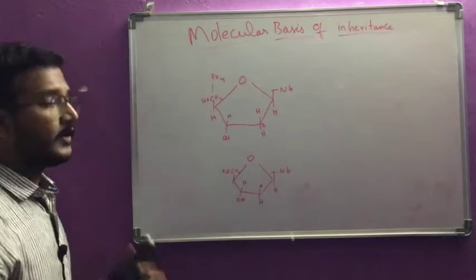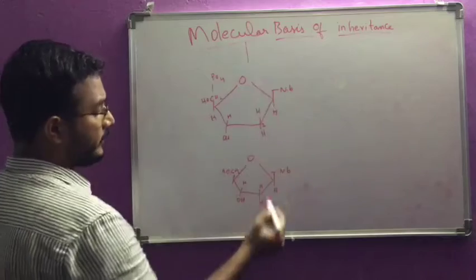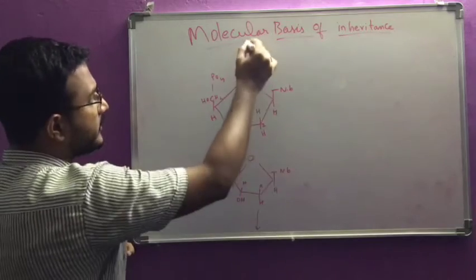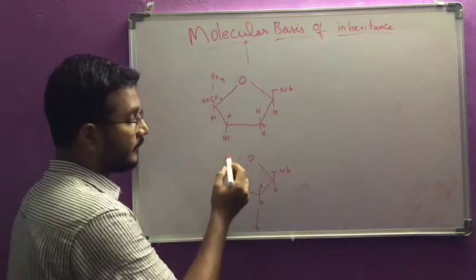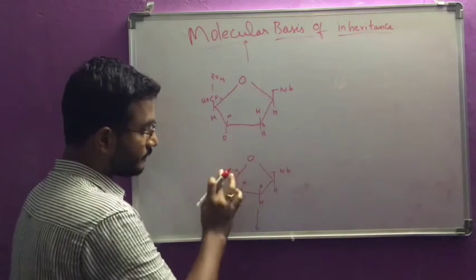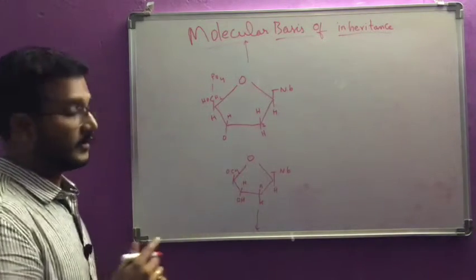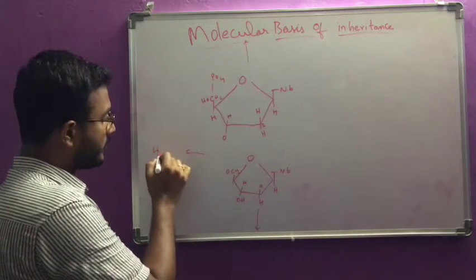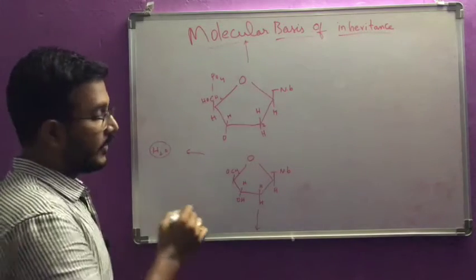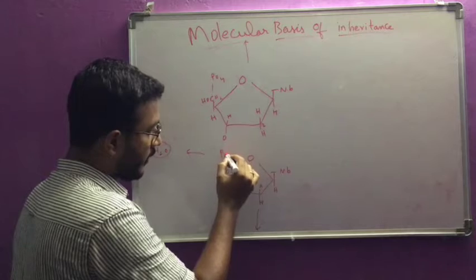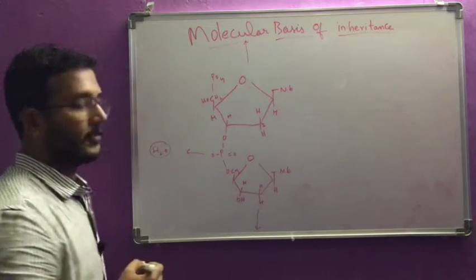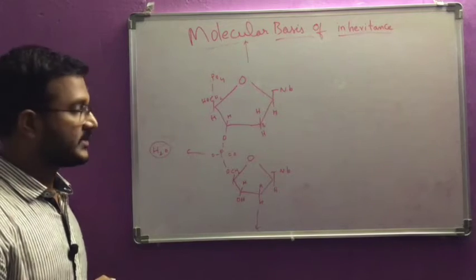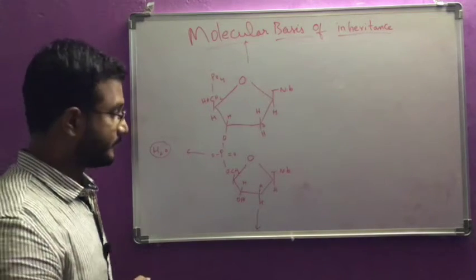See now here, like this the chain will be there in this manner. Now we have to imagine that these go outside in the form of H2O, and here a phosphate bond is formed, PO4. Understanding? Now, what will happen?